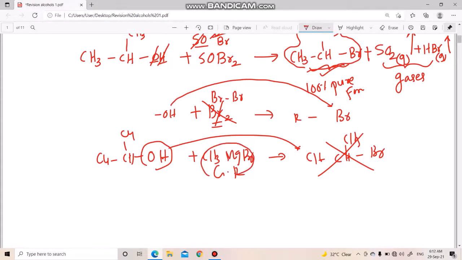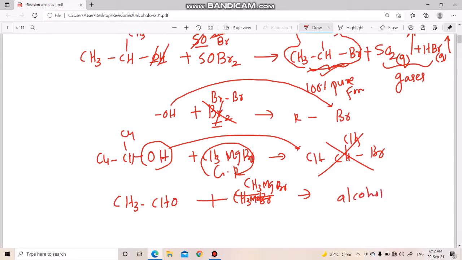Grignard reagent is used for the conversion of aldehyde or ketone to alcohol. Not for conversion of alcohol into alkyl halide.